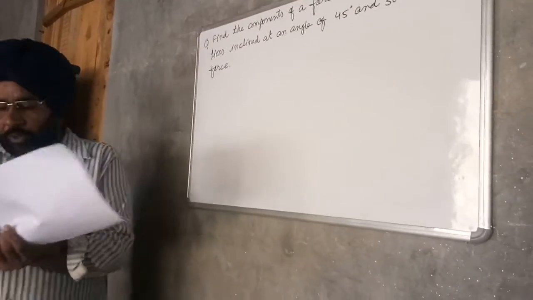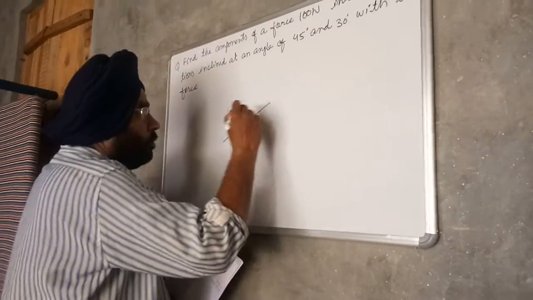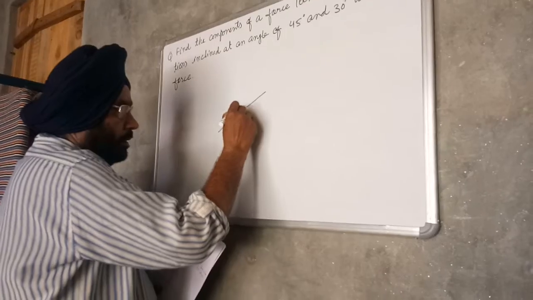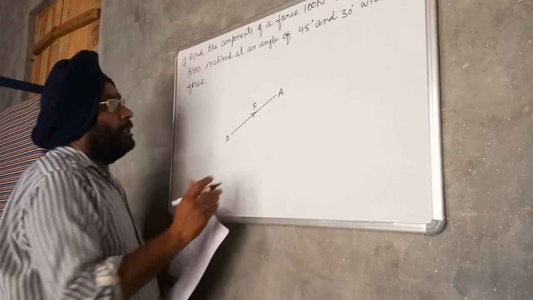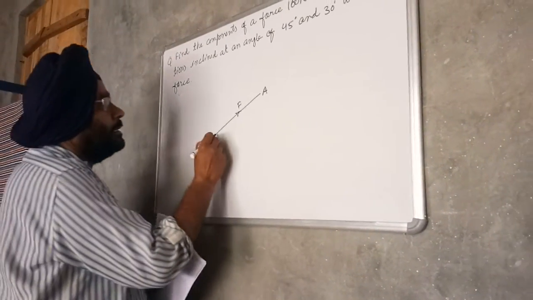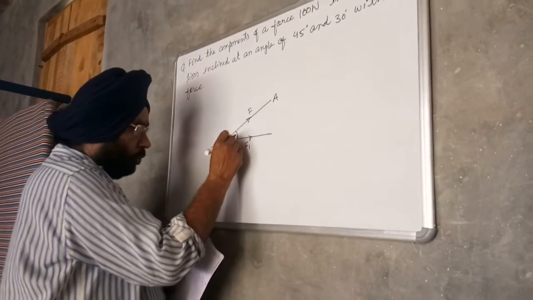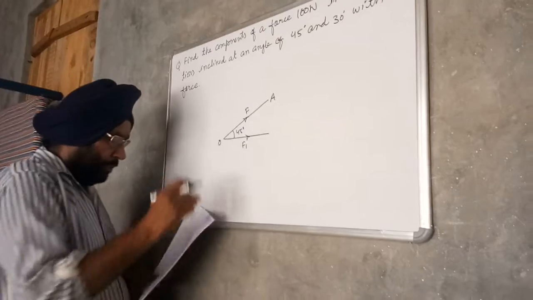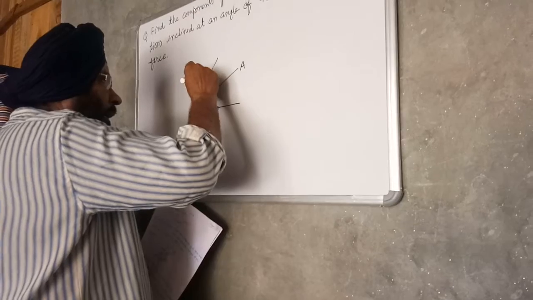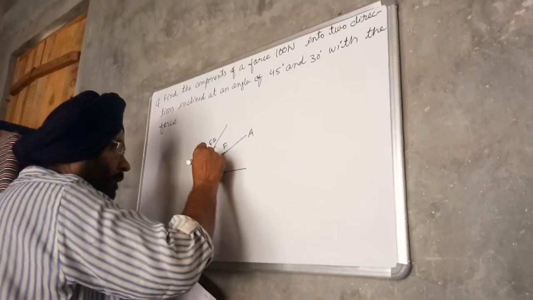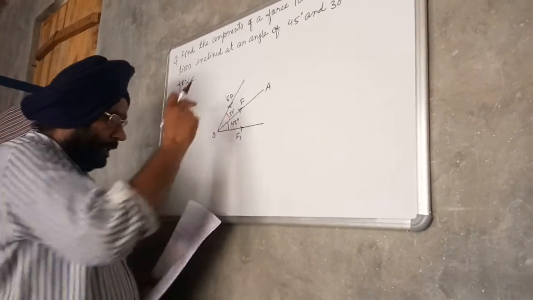So the solution of the problem is, this is the force F. This force is represented by the vector OA, and suppose let F1 is the force making angle of 45 degree with the force F, and the second component is F2 at an angle of 30 degree with the force F, and we have to find out the F1 and F2.